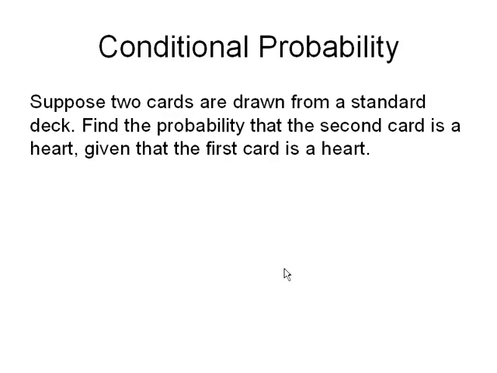So suppose 2 cards are drawn from a standard deck. Find the probability that the second card is a heart, given that the first card is a heart. And here, I'm going to go ahead and use that intuitive notion. Remember, we've pulled 1 card out of the deck and found that it was a heart.